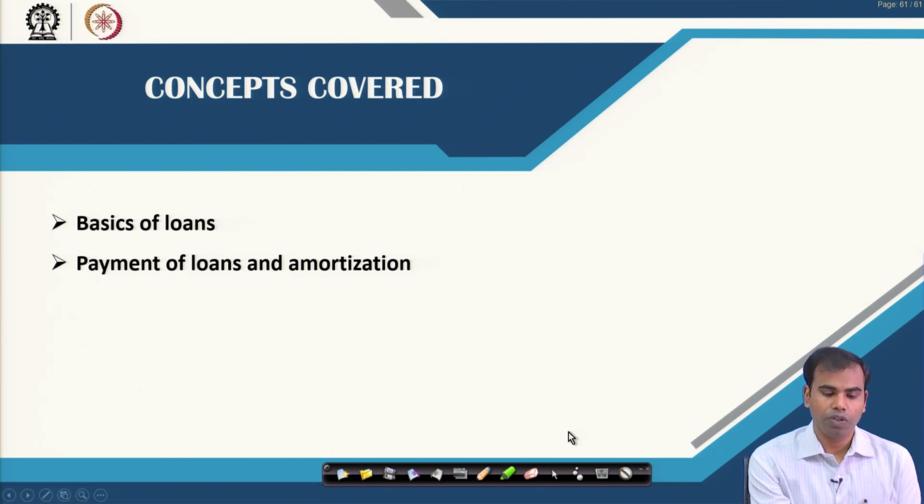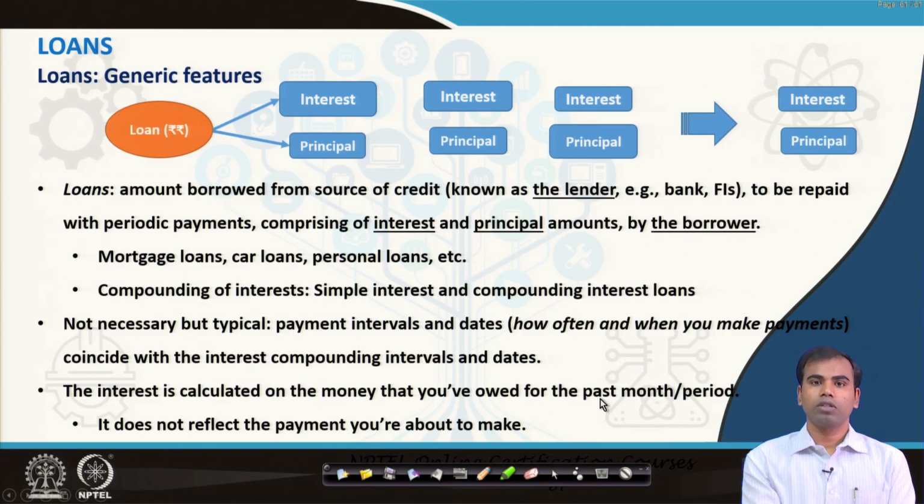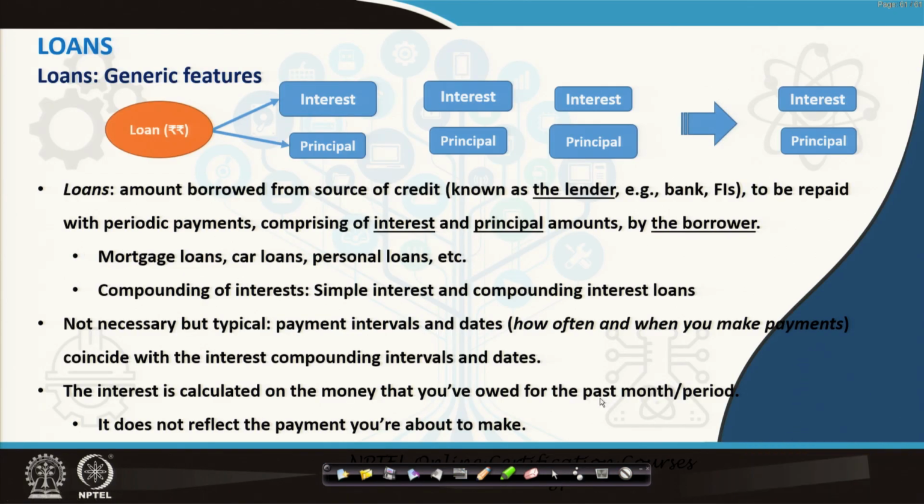First of all, we try to understand what a loan is and what its basic generic features are. Loans are amounts that we borrow from different sources, and this amount is repaid in installments, and each installment comprises interest as well as principal payment.